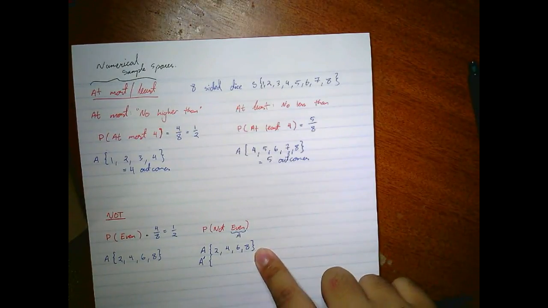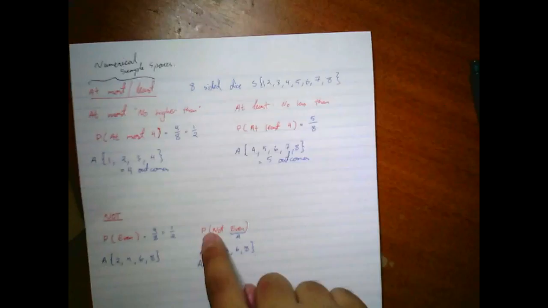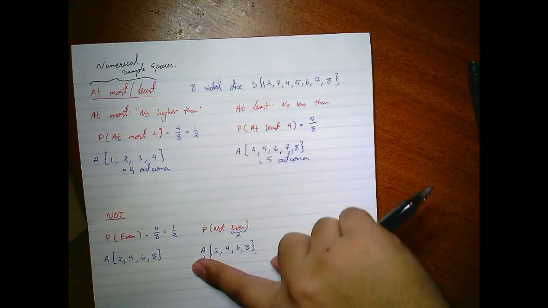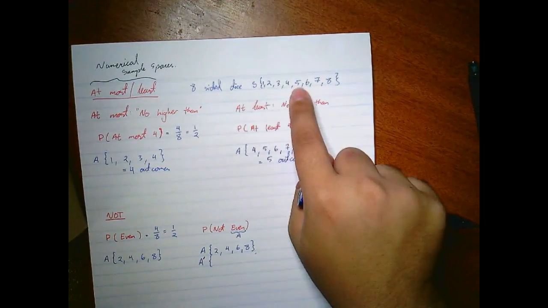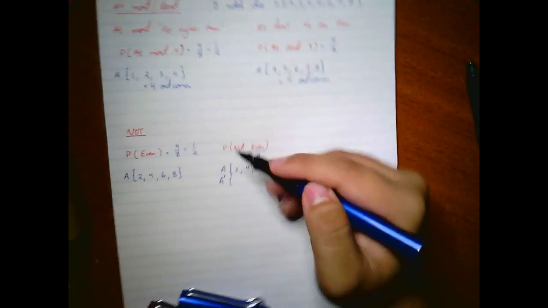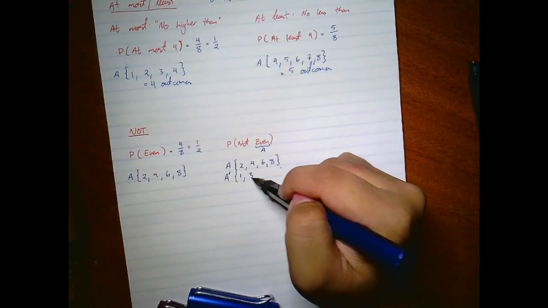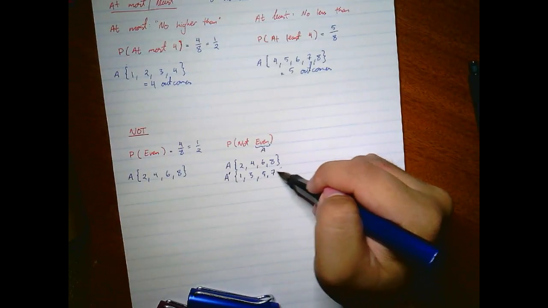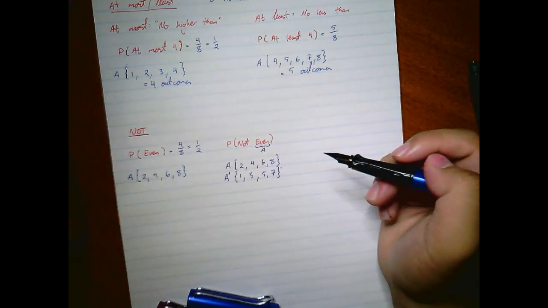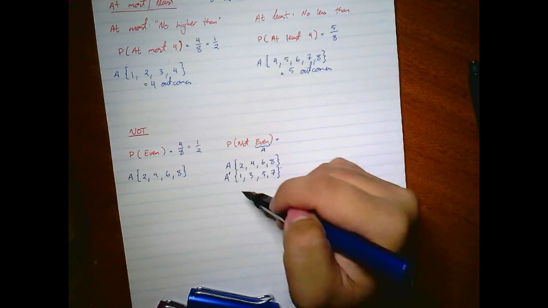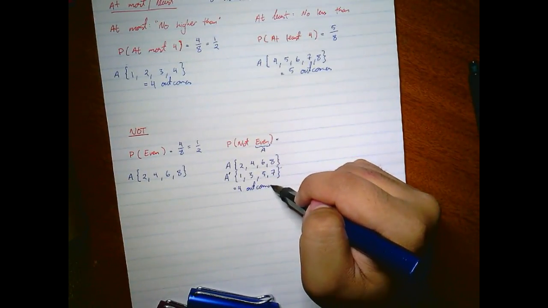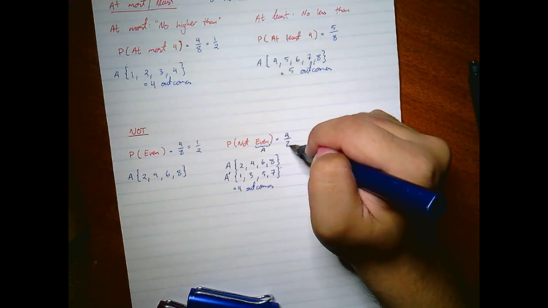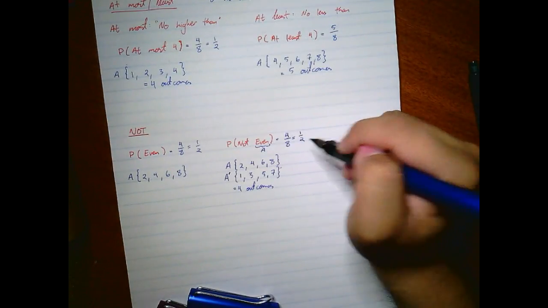The numbers that are not in the group, so not even, are 1, 3, 5, and 7. So that gives us 4 outcomes, which is 4 out of 8, or 1/2.